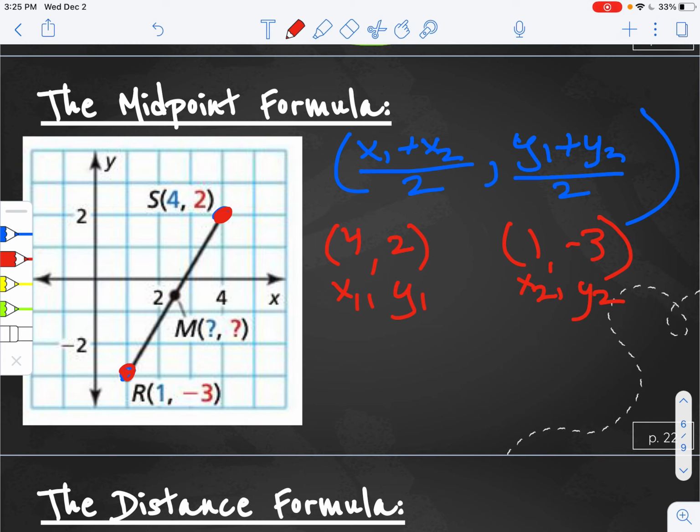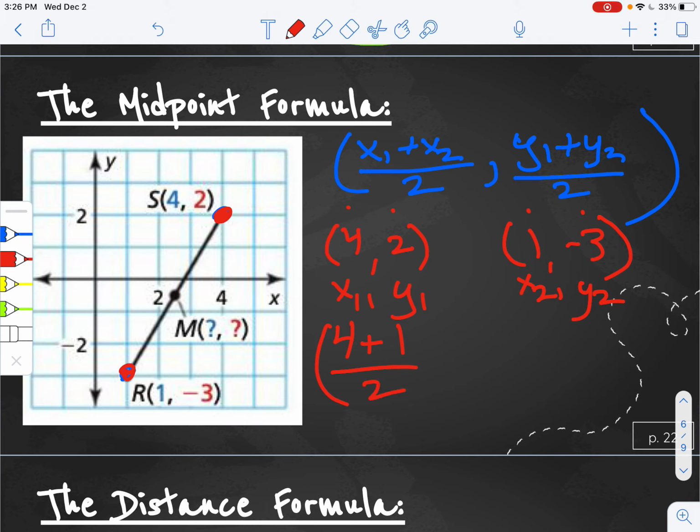If you did it in a separate order, if you said that 1, -3 was x1, y1 and the other one, 4, 2, was x2, y2, then that's okay. It does not matter which order you put these in. It does matter that both x and y are 1 and both x and y are 2, that you keep the pairs together.